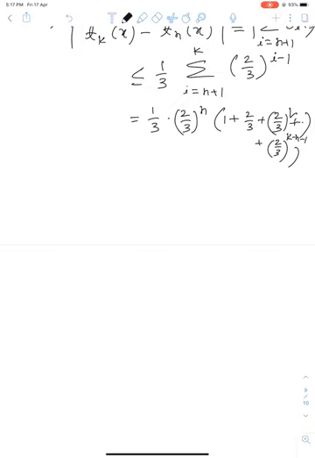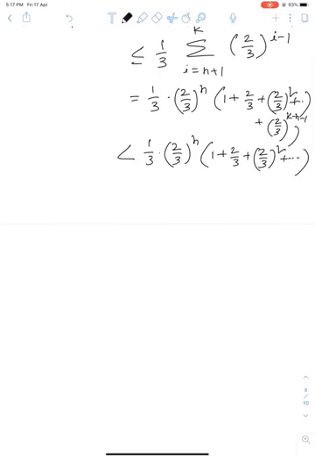Anyway, so that is less than, you can write 1/3 into (2/3)^n, and we take that infinite series. So 1 + 2/3 + (2/3)^2 + ... this one, right? Now what is that sum? So equal to 1/3 into (2/3)^n, and this sum is 1/(1 - 2/3). So this is equal to (2/3)^n.